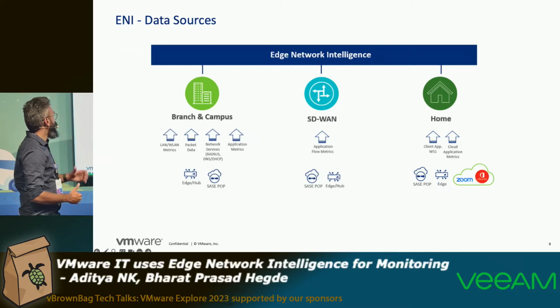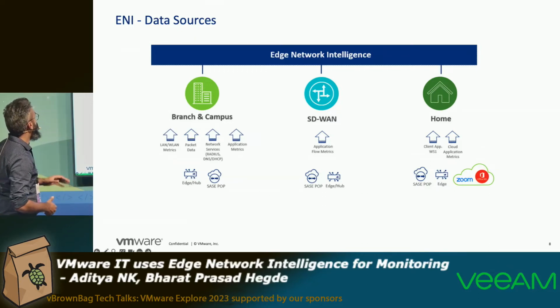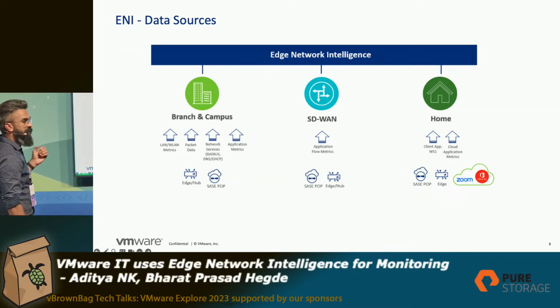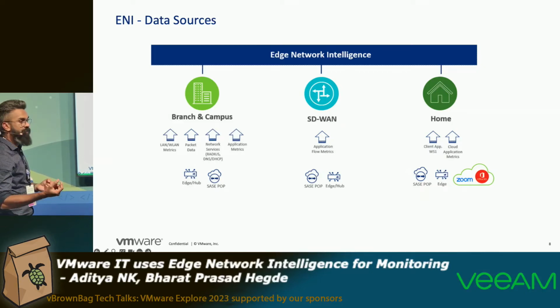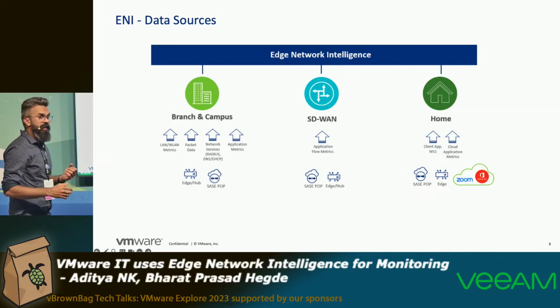And these are the data sources for the ENI. When you are in the branch or campus office, it collects the data from the LAN and wireless LAN, like the wireless controller and access points where you are connected. If you're wired, then it collects the data from the access switches where you're plugged in. And it also collects data from the packets.